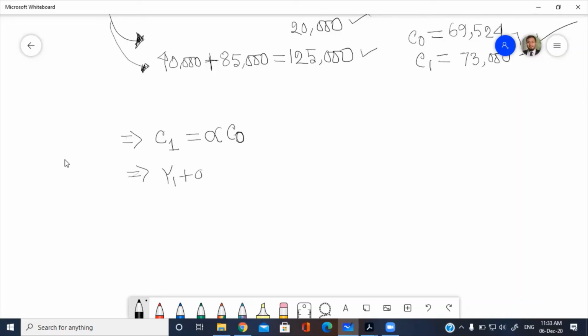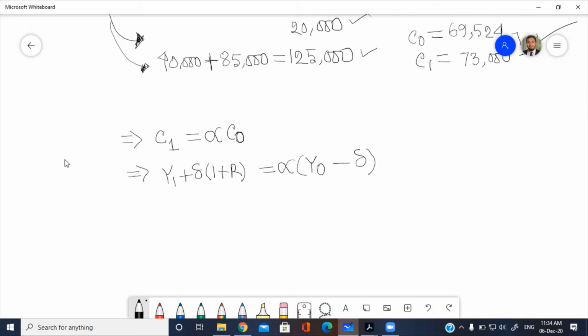You will stop me if I do wrong. It can be written as future period income plus delta multiplied by 1 plus R, equal to alpha times current income minus the amount of savings I am trying to make out of my current income.